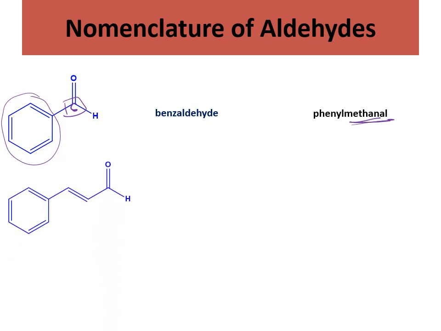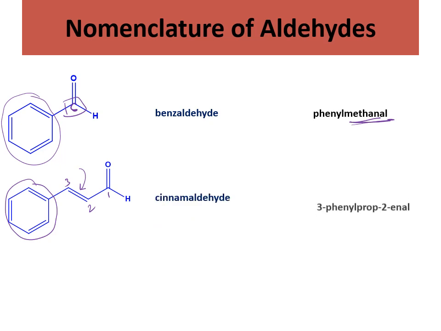Okay, and another example where we have an unsaturated side chain here, that is a doubly bonded side chain with an aldehyde functionality, and when you want to give it an IUPAC name, you will number the chain 1, 2, and 3. On the third carbon you can see a phenyl branch, and this is a 3 carbon chain, so it is propane, but it has a double bond as well, so it is propene, right?